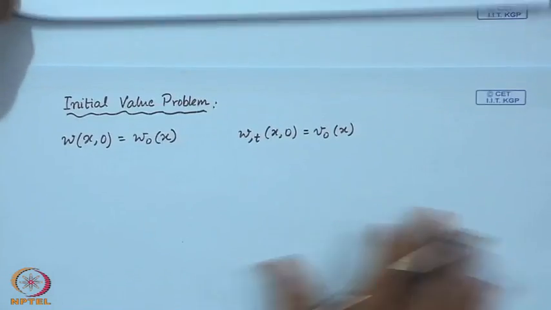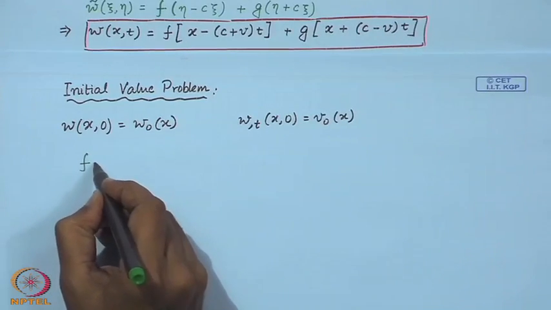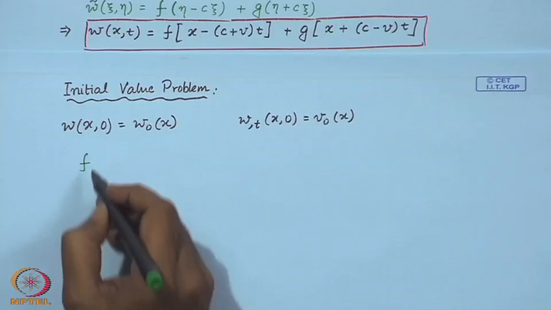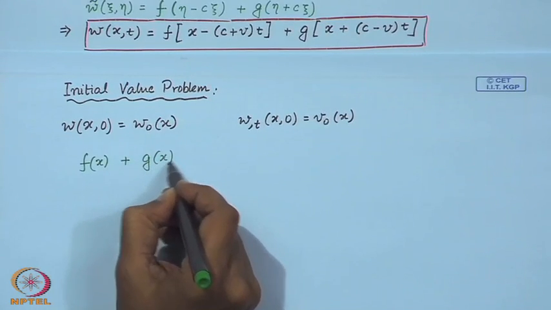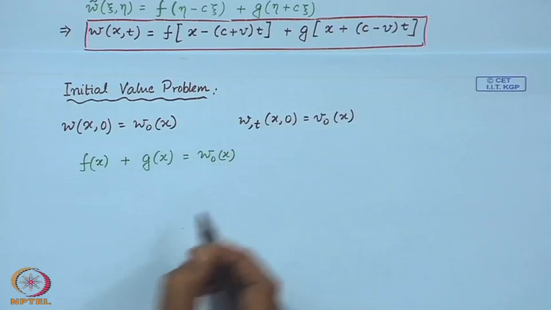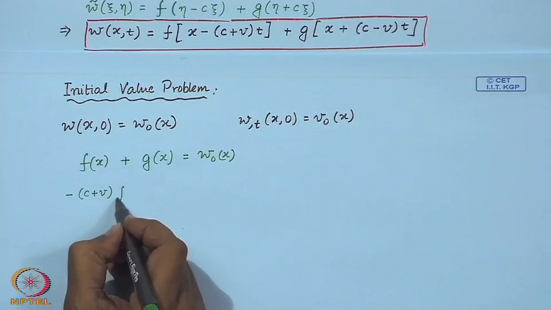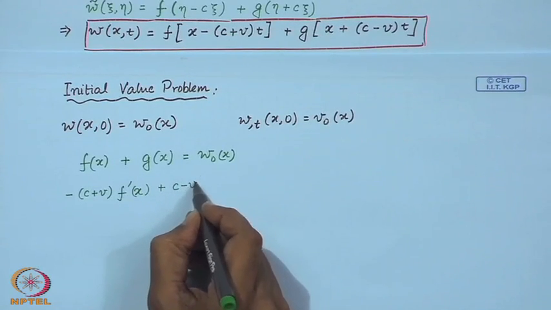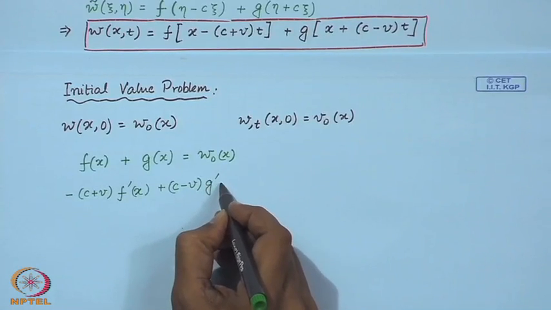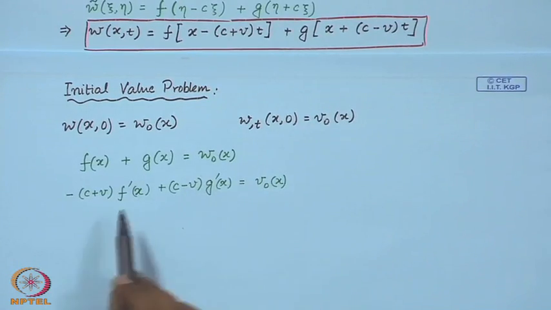Now, using the solution which we have written out here, so when I use this solution here, and similarly from the velocity condition, we have to solve these two equations for f and g in terms of w naught and v naught.